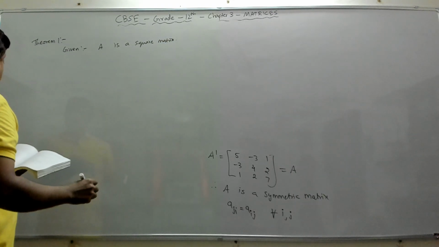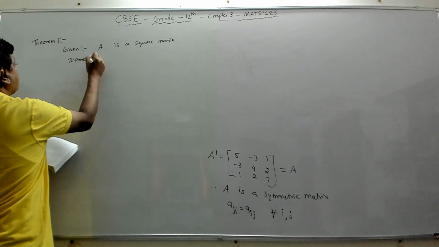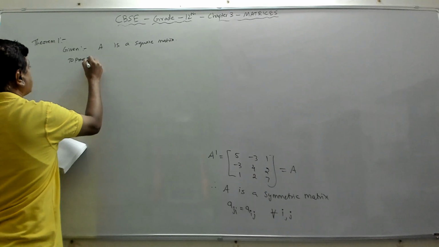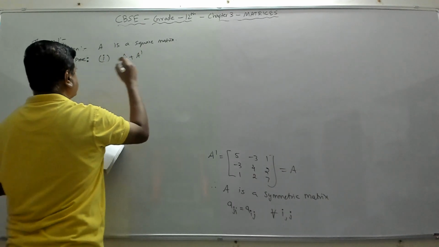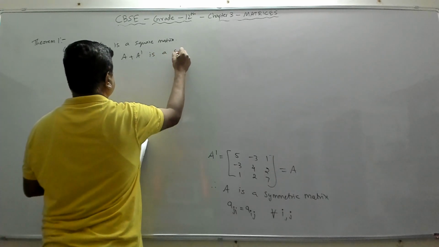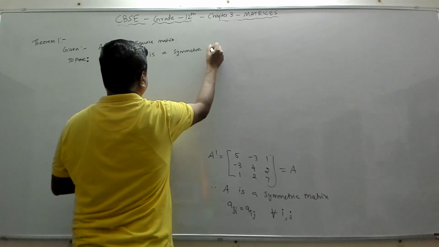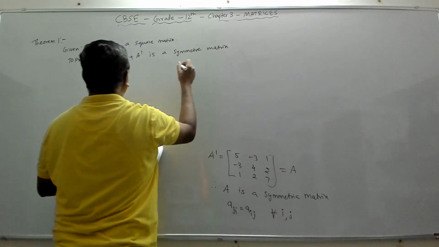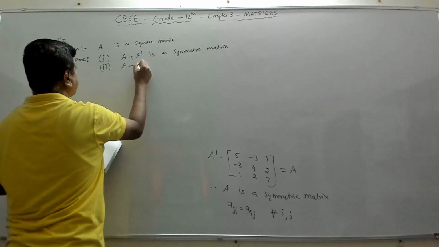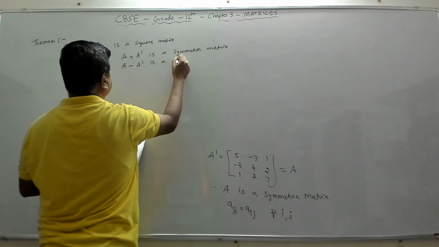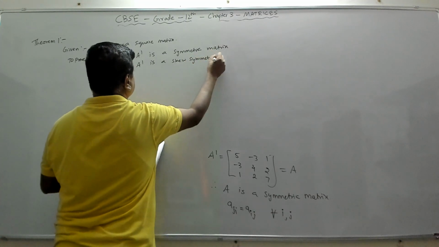What we have to prove is two things. First, we have to prove A plus A transpose is a symmetric matrix. And the second part we have to prove is A minus A transpose is a skew symmetric matrix.